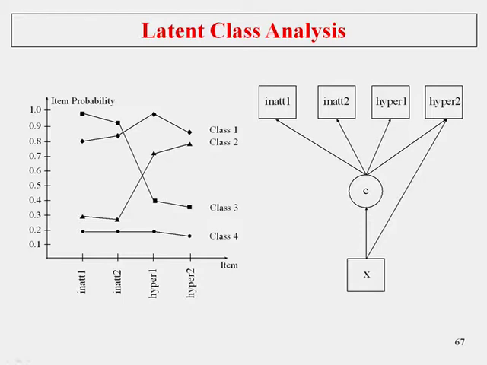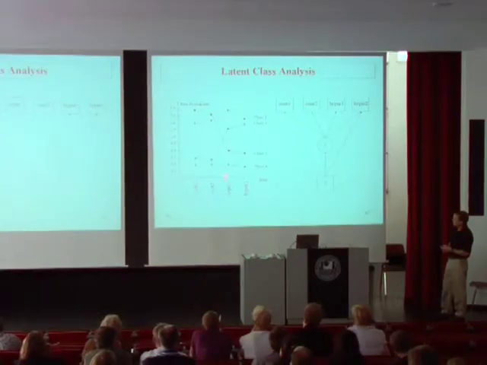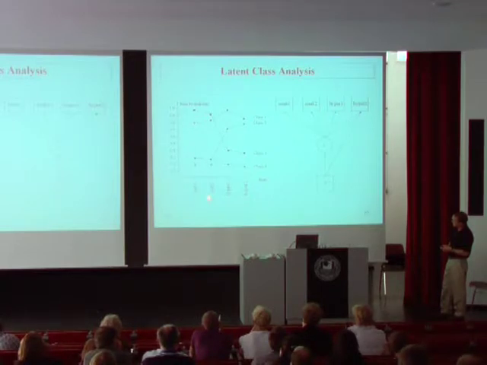And this is in the context of ADHD, attention deficit hyperactivity research, where you study children's inattentiveness or inattention and their hyperactivity. And here you have an example of 4 items on the x-axis. Inattentiveness item 1, inattentiveness item 2, hyperactivity item 1, and hyperactivity item 2.